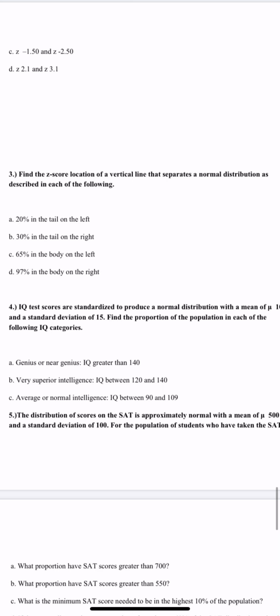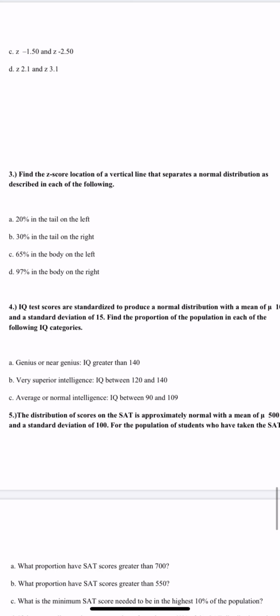Now it says 30% in the tail on the right, same thing, 0.3000. You look for the z-score that is closest to that in the tail column, and if it tells you it's on the right, you know it's going to be a positive z-score, and that is a positive 0.52. 65% in the body on the left.